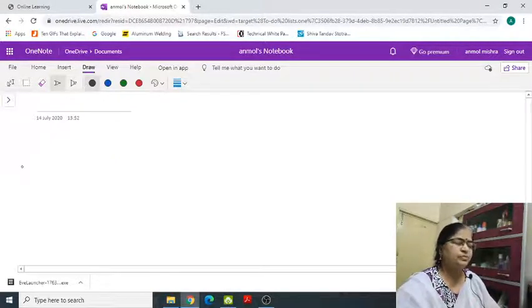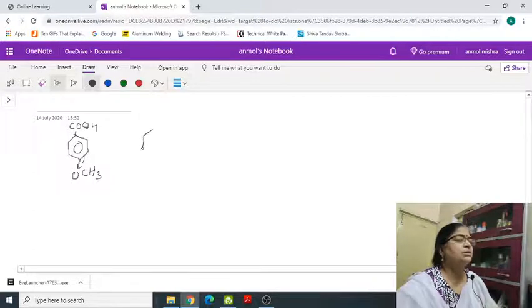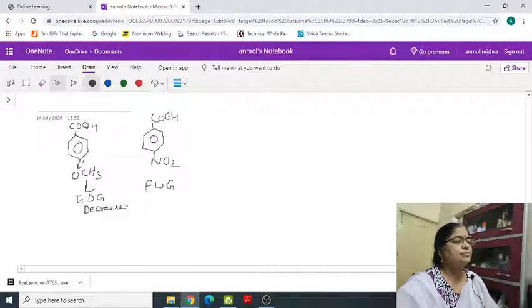For example, COOCH3 is an electron donating group, so it will decrease the acidic character, and if we add a nitro group, this is an electron withdrawing group, so this will increase the acidic character.